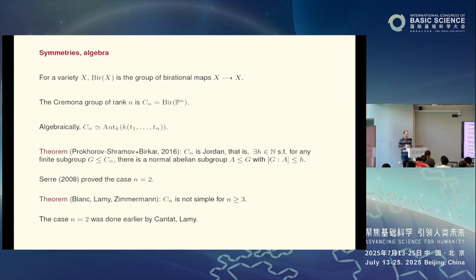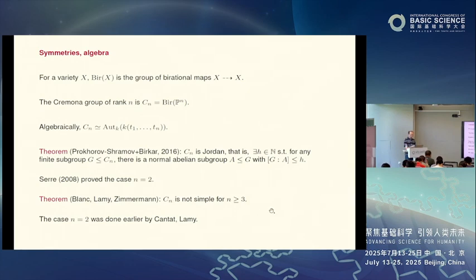So if you take any finite subgroup, you can always find an abelian normal subgroup so that the index is universally bounded, not depending on this finite subgroup G. So this is called the Jordan property. And it was proved only in 2016.